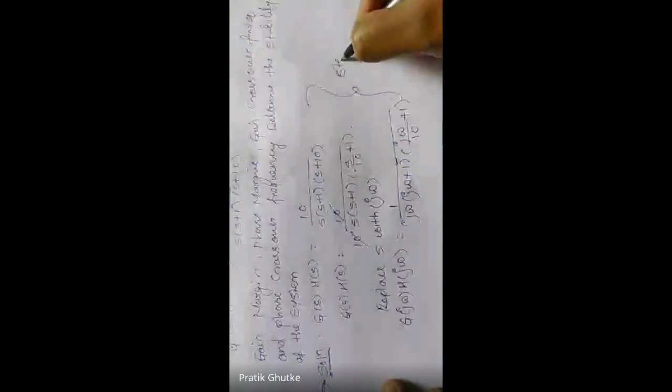So G(j omega)H(j omega) equals 1 divided by j omega into (j omega by 10 plus 1). Now this equation is in standard form. This was my step 1.